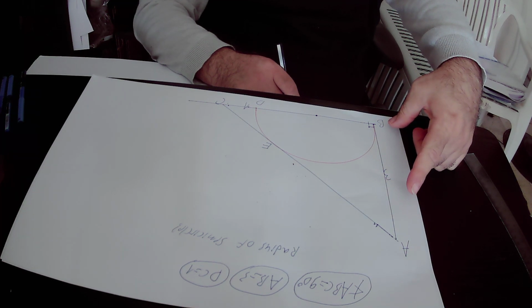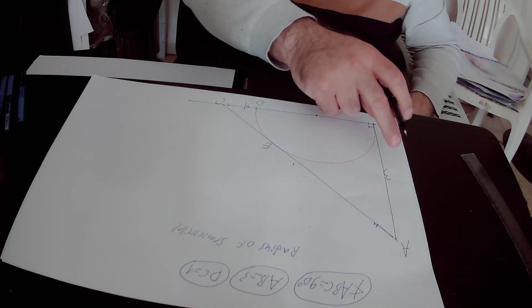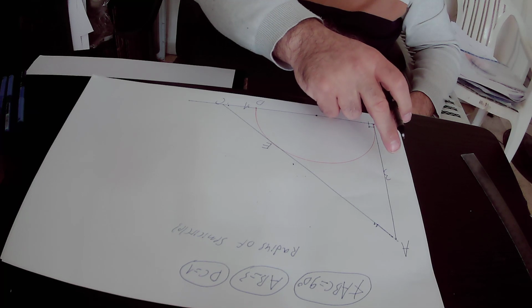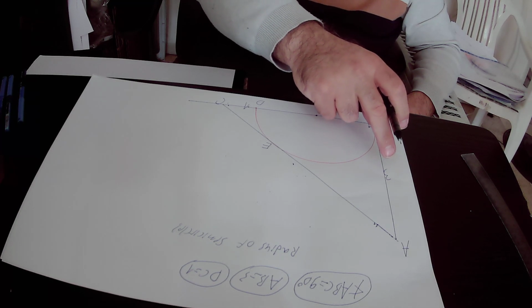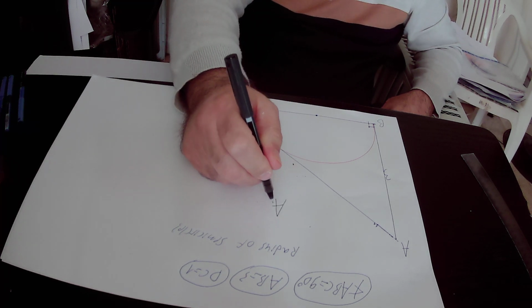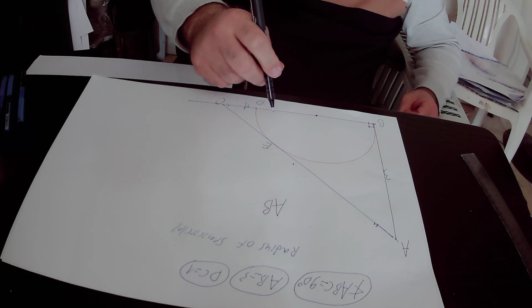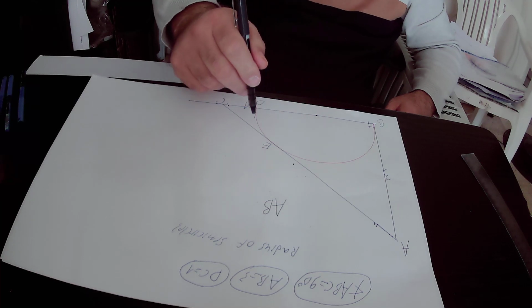The first tangent is tangent AB, and we know that tangent AB is 3 units in length, and the second tangent from point A to this red semicircle is AE.